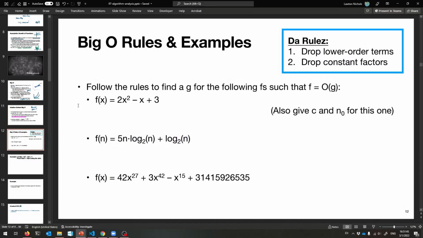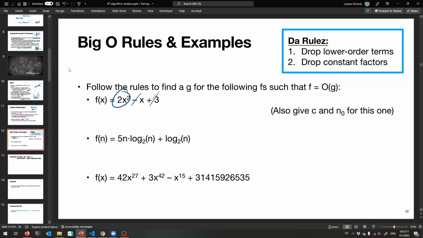And at the end of the day, if you're given test questions about this, just follow the rules, right? You drop your lower order terms and you drop constant factors and you found a correct value for a function that is big O of another function. Okay, so for example, if I have this one, f of x equals 2x squared minus x plus 3, well, if I drop all the lower order terms, it's this guy and this one, goodbye.